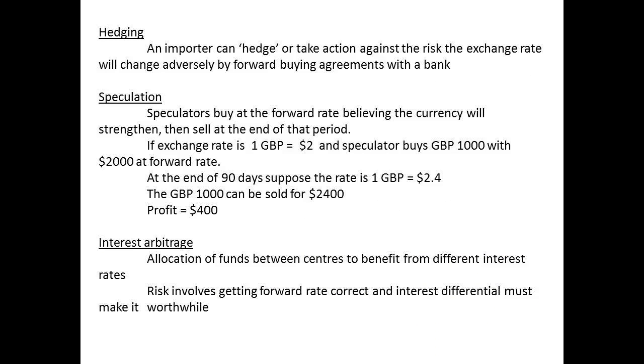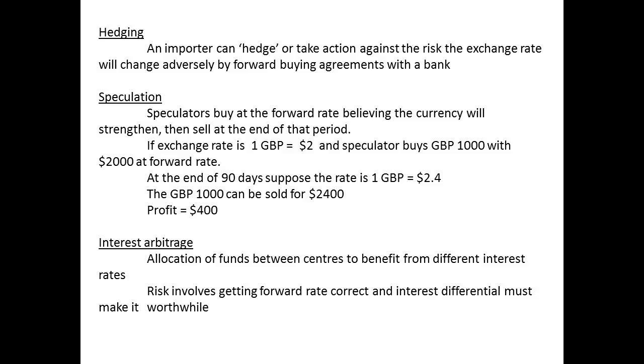Several other activities are associated with exchange rates. Hedging is the action an importer takes by forward buying to counter any adverse changes in exchange rates. Hedging is an agreement with a bank for a forward rate. Speculation is when someone buys at the forward rate and, if the currency strengthens, sells at that time.